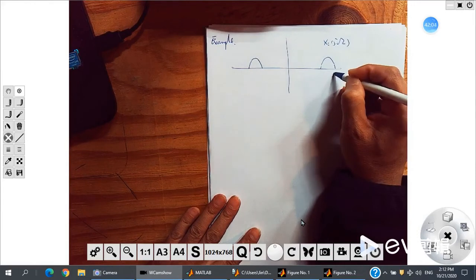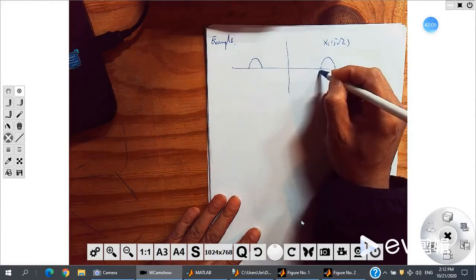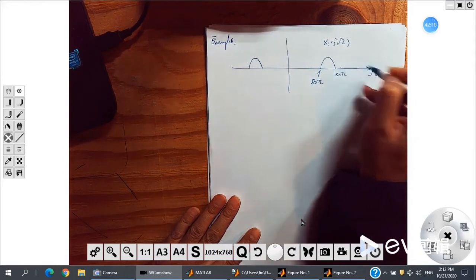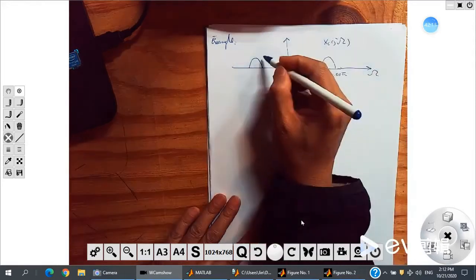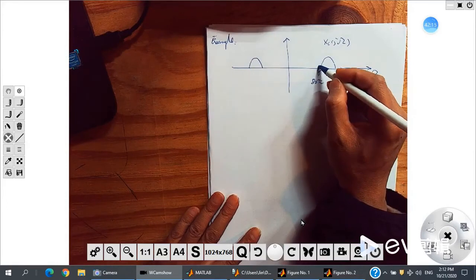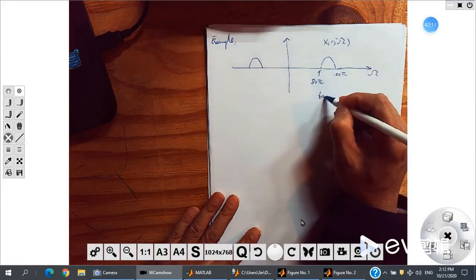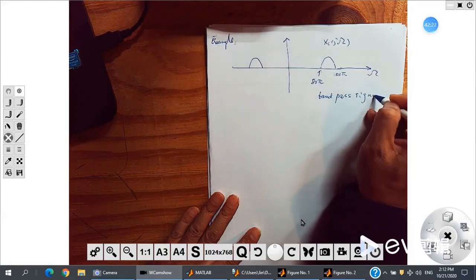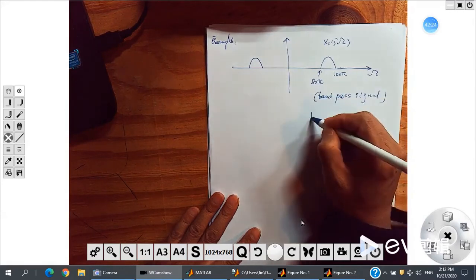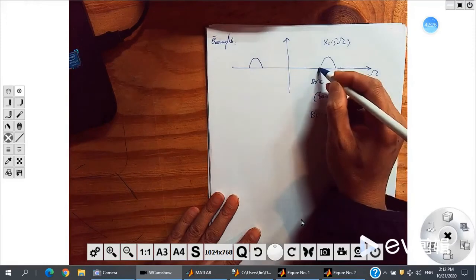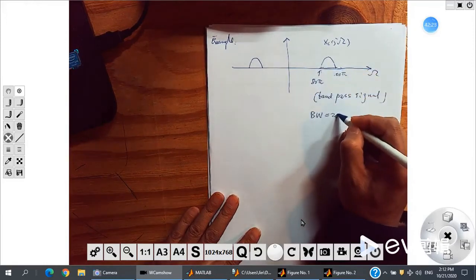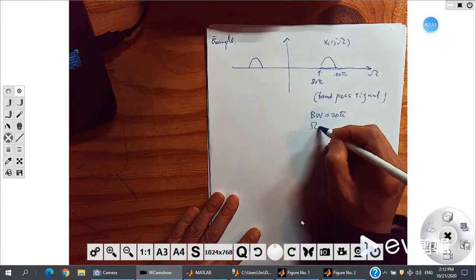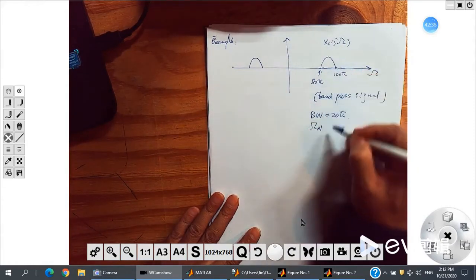Here is also 100 pi, but this is 80 pi. This one is a band pass signal. We call this a band pass signal. The bandwidth now is here, which should be 20 pi. And here the omega n, the limit of the frequency, is still 100 pi.